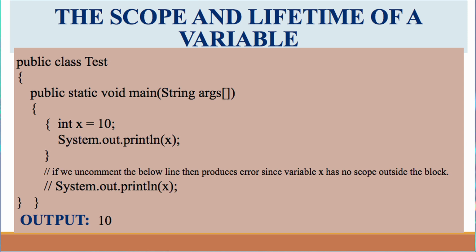If we execute this program, it will show an error, because x is a local variable, so it cannot be used outside this function. You can execute this one, and you will find that error message if you remove the comment.